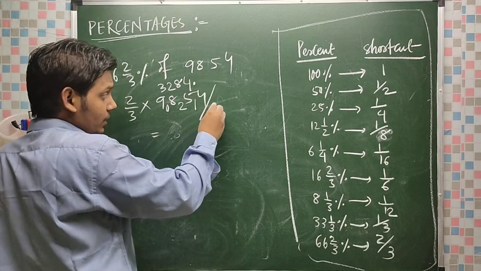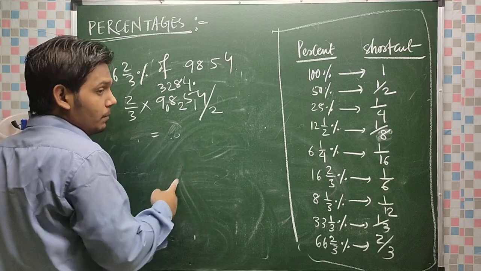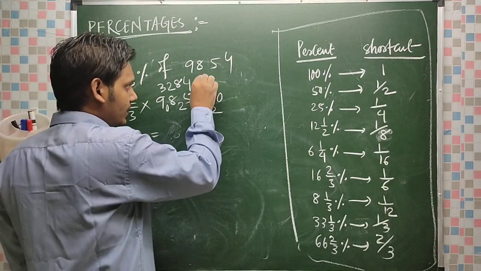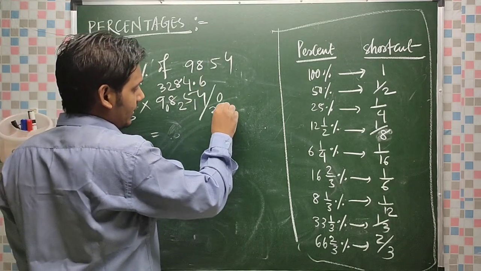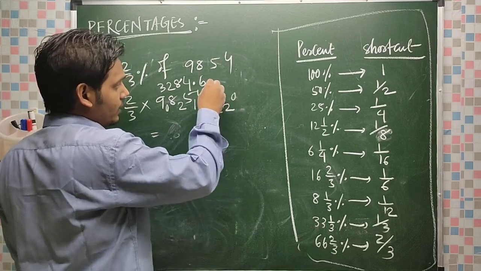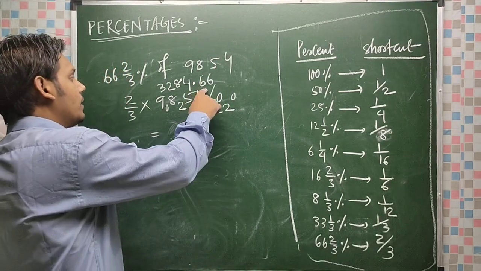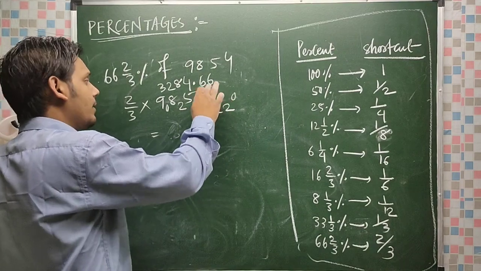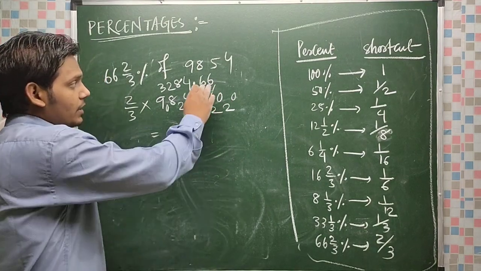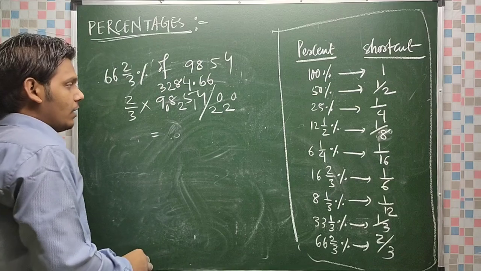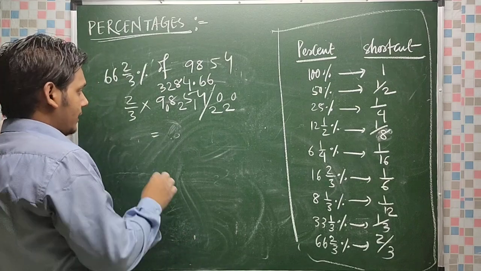After this 2 will be the remainder and no digits are there. So 2 0, 3 6 18. Again 2 will come. Again 20, 3 6. It will continue. Either you can take 6, otherwise 7. You make it 7 because 6 will continue. Otherwise 0.66 also you can write.